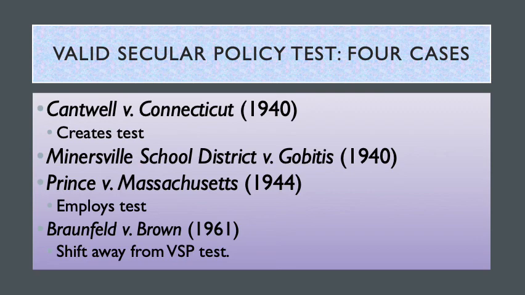And so he had to close his shop on Saturday due to his religious beliefs, but also on Sunday because of the blue laws. And you see that the court begins to move away from the Valid Secular Policy Test, indicating that they think that there should be a stronger test when it comes to justifying state regulation of religious exercise. So let's take a look at the case that creates this test in Cantwell versus Connecticut.